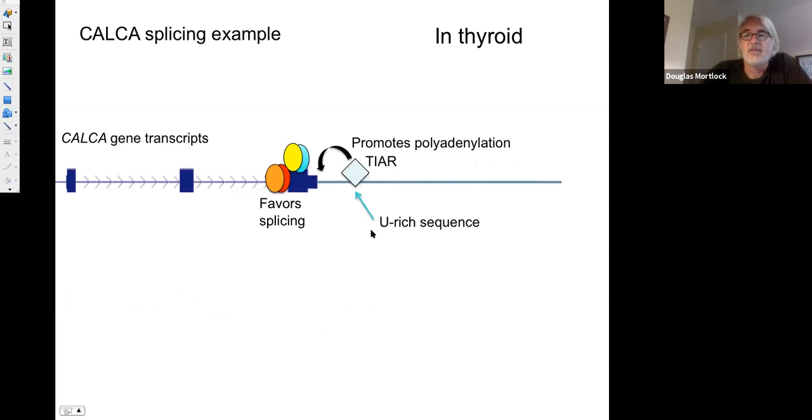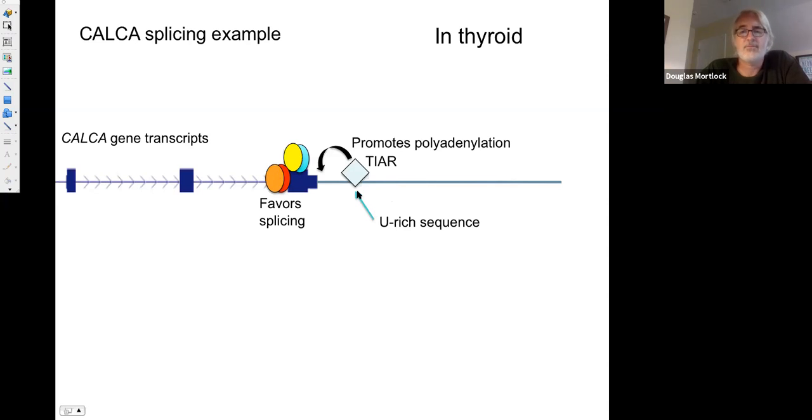So what's going on in the thyroid, apparently, is this. First of all, we have normal recognition by the spliceosome of this splice acceptor site. There are also some proteins that bind inside the exon of this RNA molecule that promote the recognition of this splice junction. It stabilizes it. So these are in addition to things that we find in the spliceosome, which is partially denoted by these orange and red circles here.